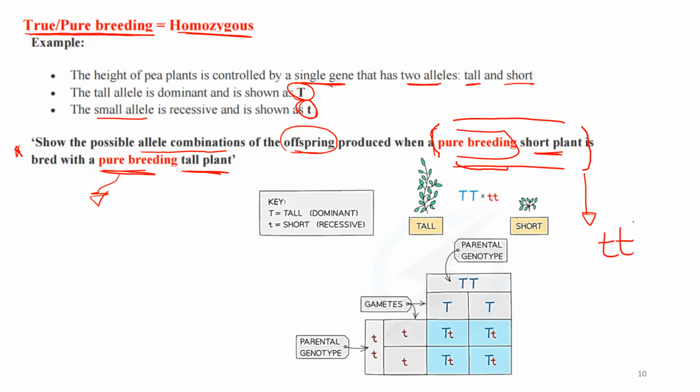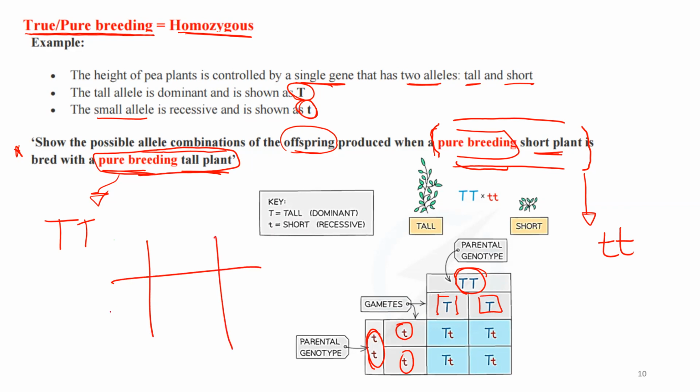And then it is bred with another parent that is pure breeding tall. So what will be the genotype for this parent? Homozygous dominant. I just simply translated and I will do a Punnett square. This is the gene for one parent and this is the gene for the other parent. The gene will be split into the two alleles, and then I'm going to carry out the Punnett square as we know it.